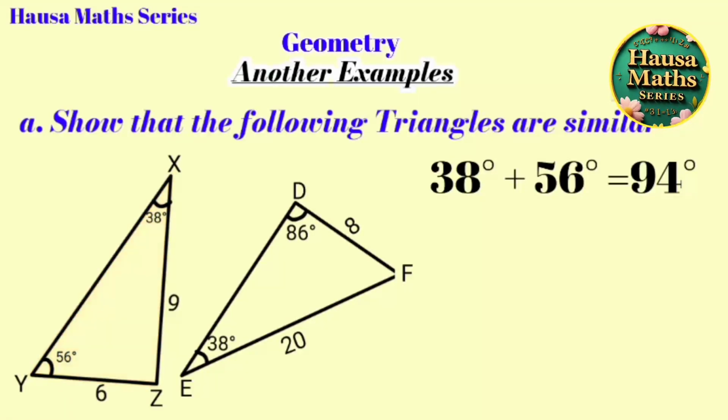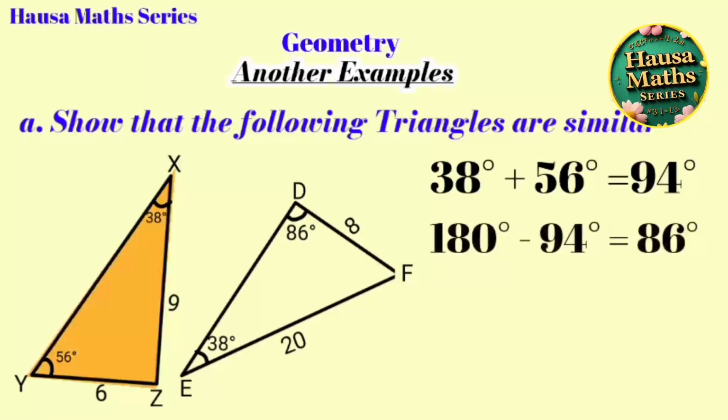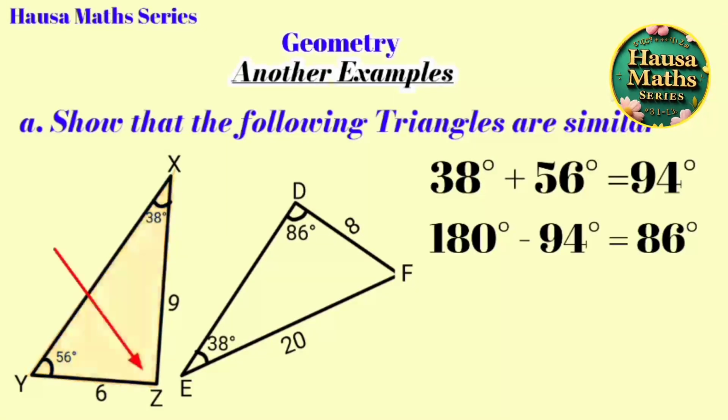So out of 180, 180 degrees minus 94 gives exactly 86 degrees. So the remaining angle, angle YZX, is exactly 86 degrees.